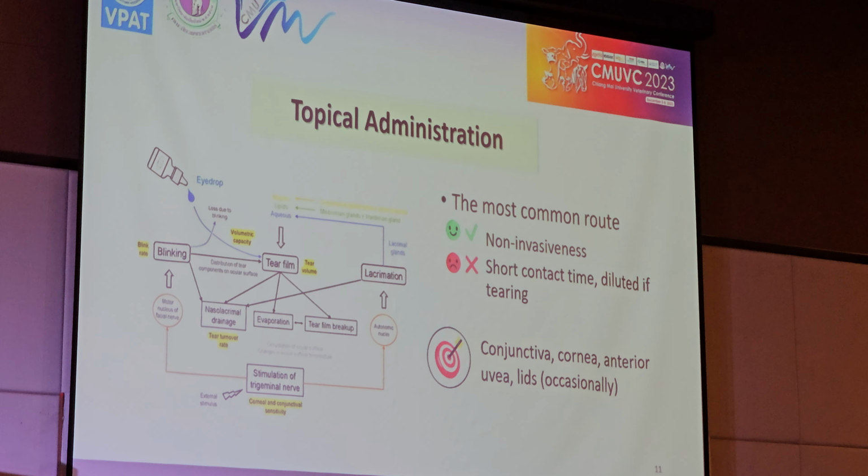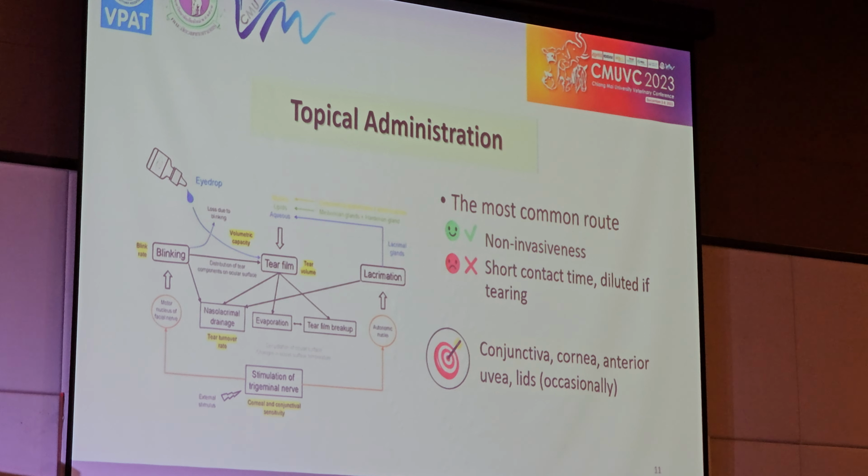Following topical application, lacrimation is significantly increased, leading to dilution of the administered dose. This in turn lowers the drug concentration, leading to diminished drug absorption. The target tissues of the topical route are the conjunctiva, cornea, anterior segment, and the lids.